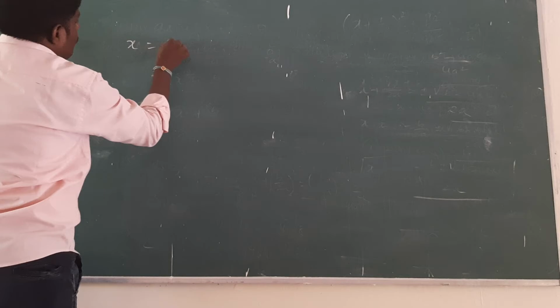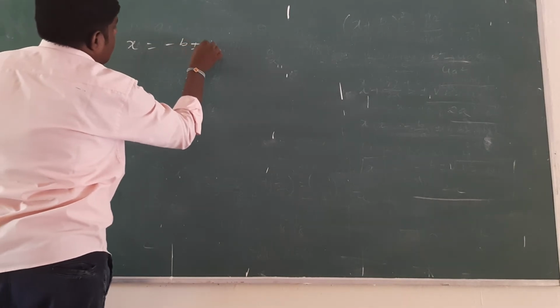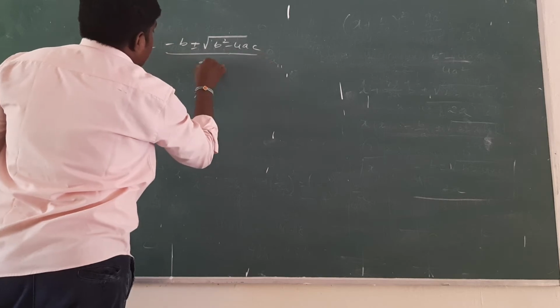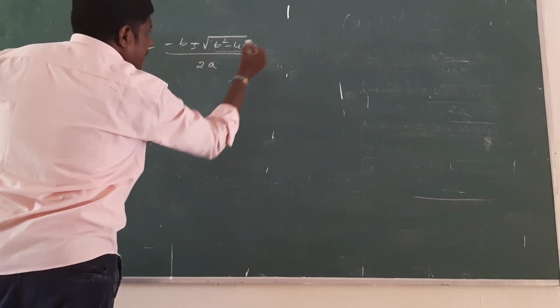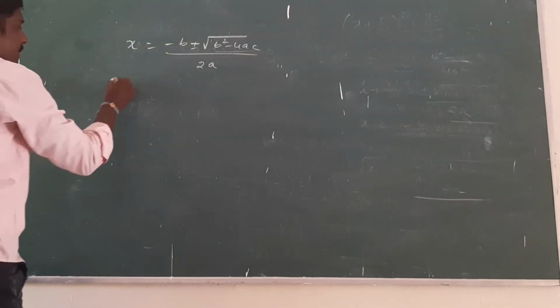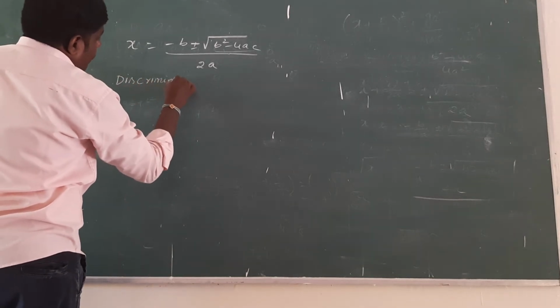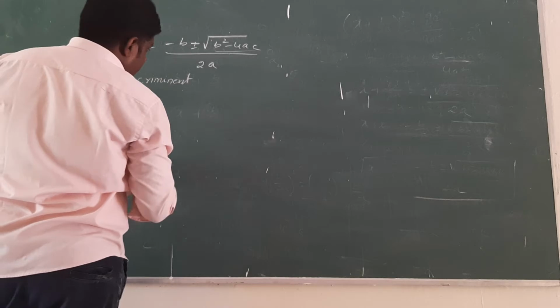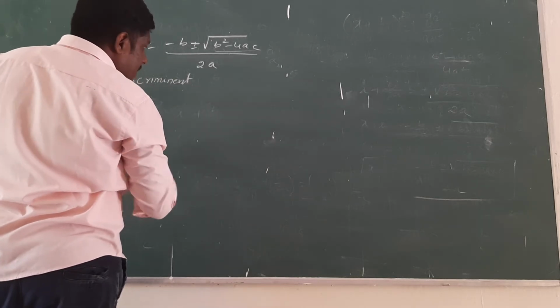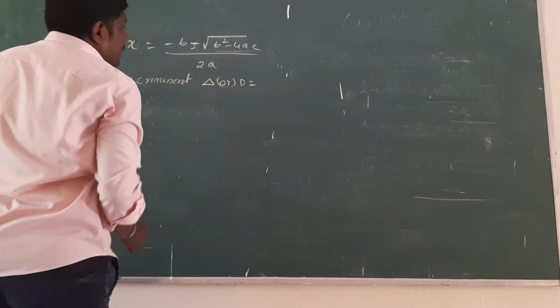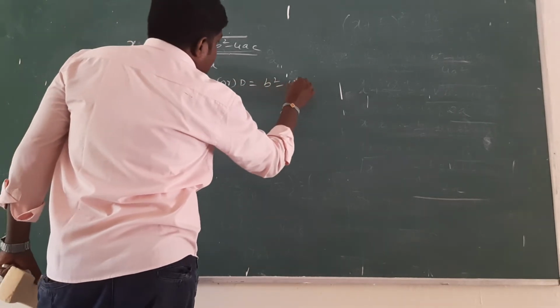x is equal to minus b plus or minus root of b square minus 4ac by 2a. Here, b square minus 4ac is called discriminant. Discriminant is denoted with delta or D is equal to b square minus 4ac.